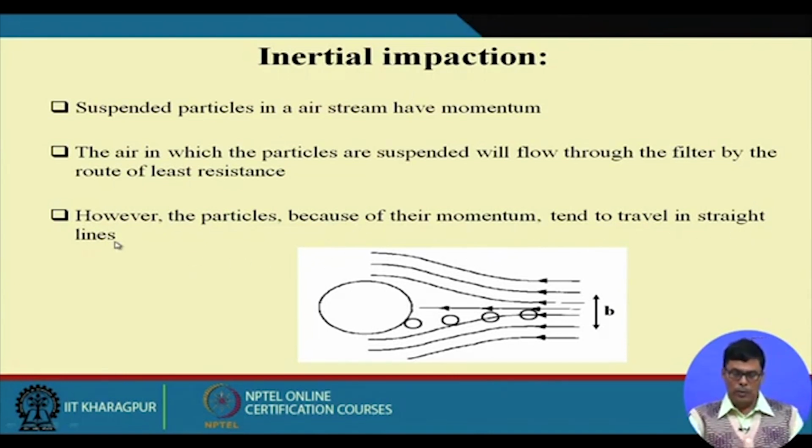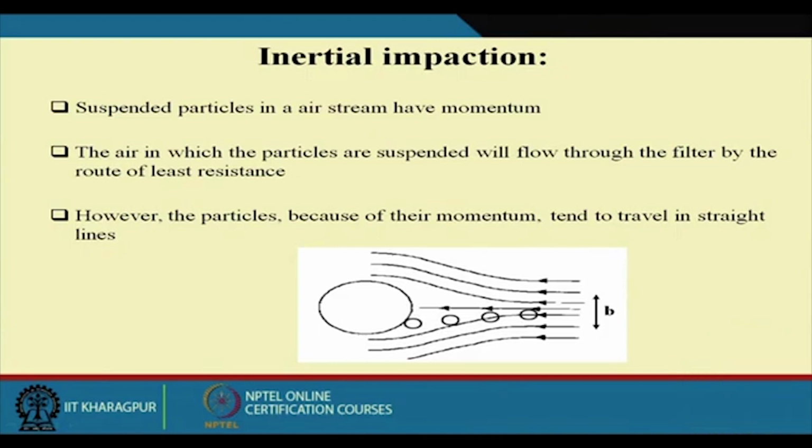Now we know Newton's first law of motion, which says that every particle tries to keep moving in the same direction due to inertia. If your inertial force is very high, then there is a minimum velocity of the airstream required for having this inertial impaction.